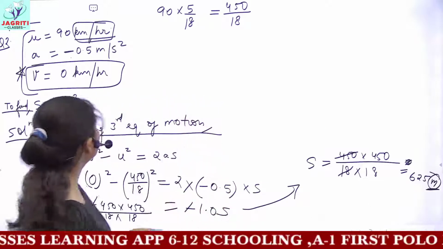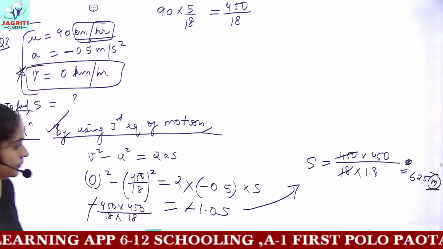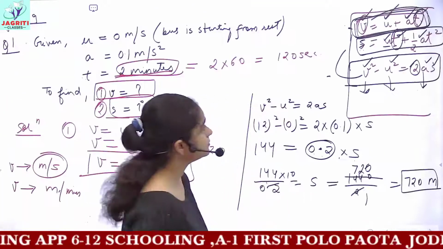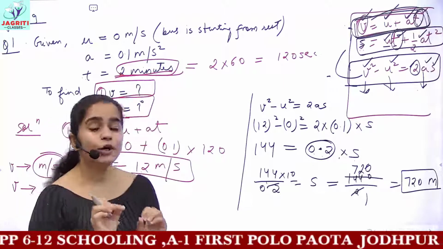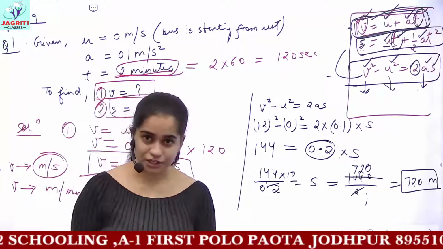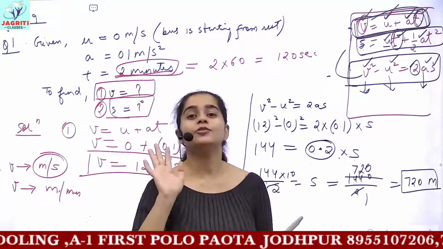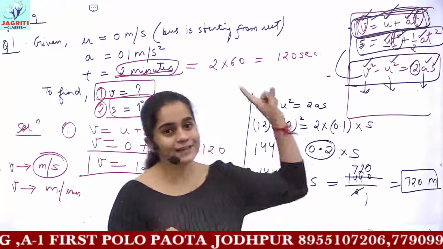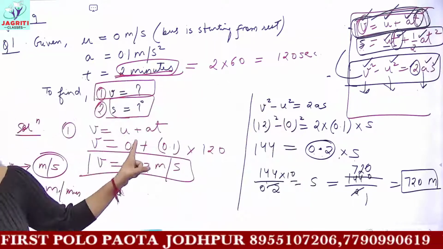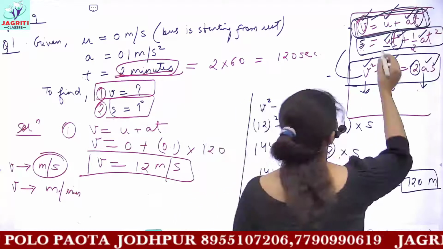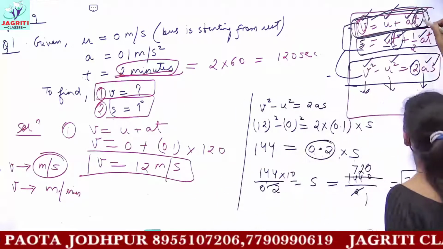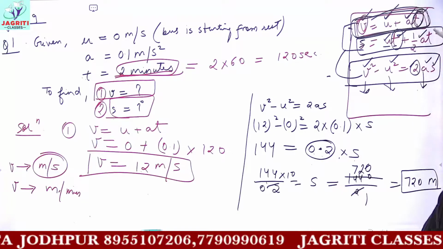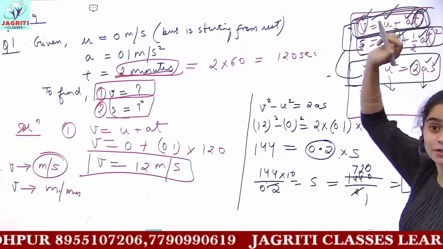So this is all. Now you can also remember a trick: whenever you are not given the time in the question and you are not asked about time, that is, time is neither given nor you have to find it, then you can skip both these equations. The first equation involves the factor time and the second also contains time.